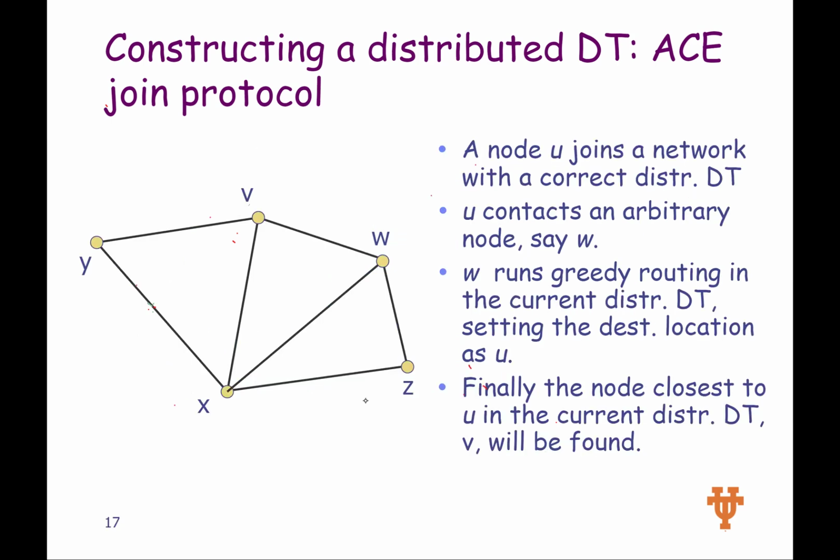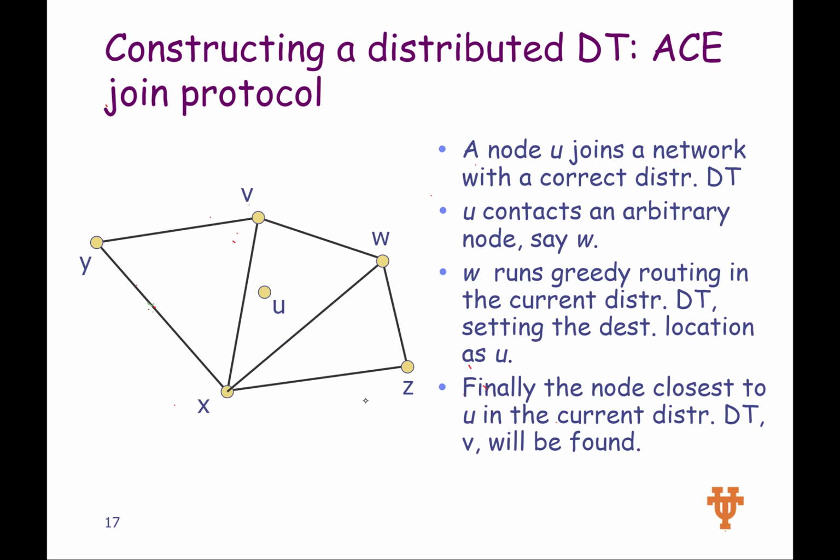Now we assume there are k nodes and they form a correct DT, and a new node joins the network. So U will contact an arbitrary node. It could be any node. Let's say W, okay? U knows W, but U doesn't know others, right?